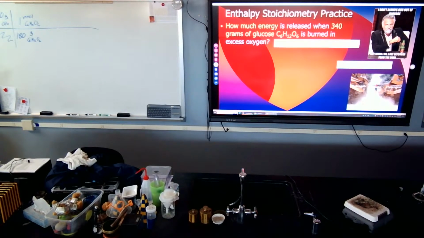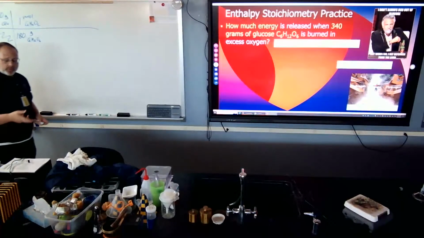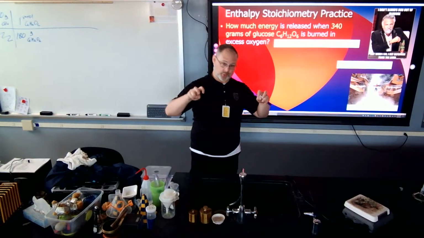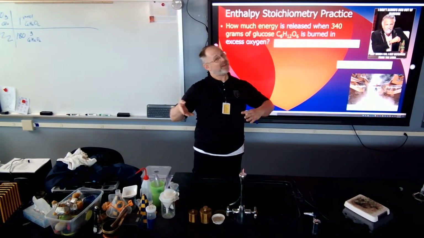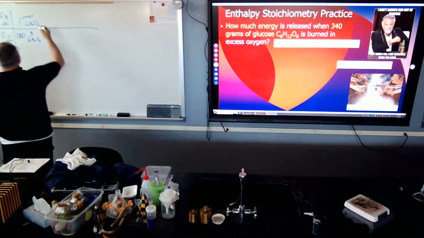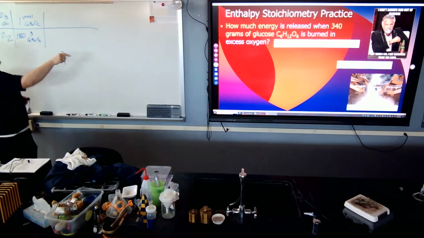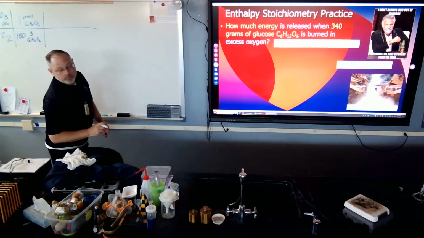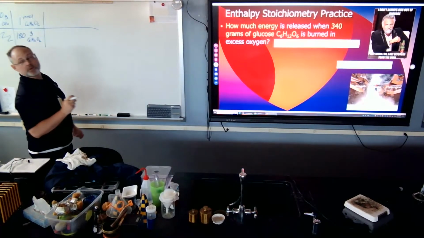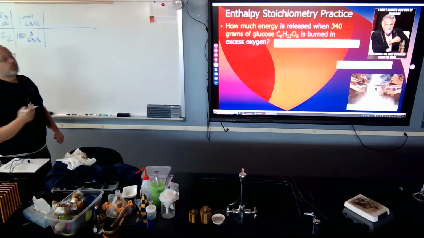Yeah. Okay, now when we're doing a chemical reaction from chemical to chemical, we would normally use the mole ratio. We kind of still are, only we're going to go from mole to heat energy. What's the number in front of glucose? There's no number, so that number is actually a 1.